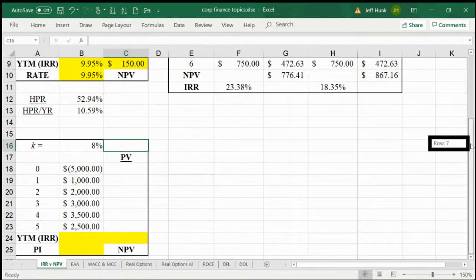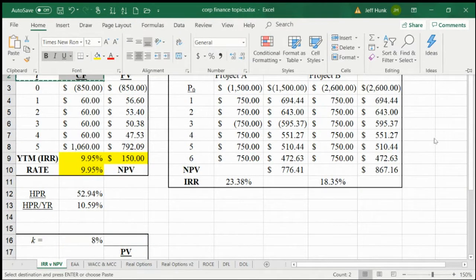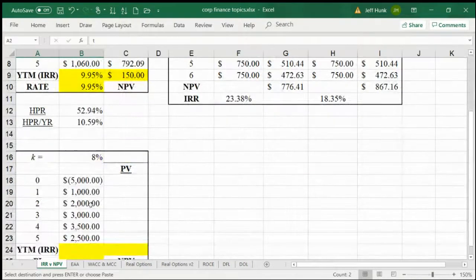Just like the previous example, let me keep the consistent label.